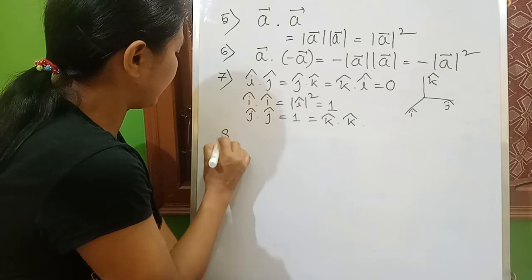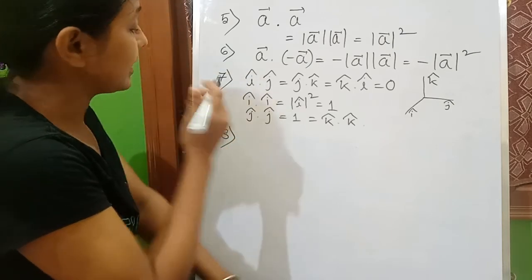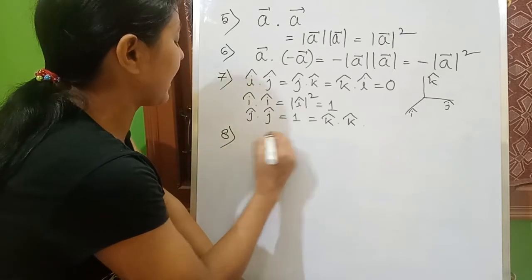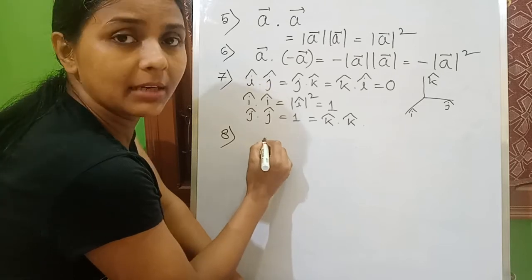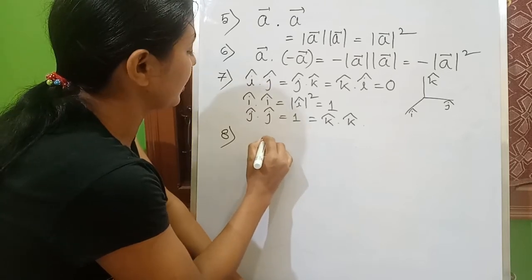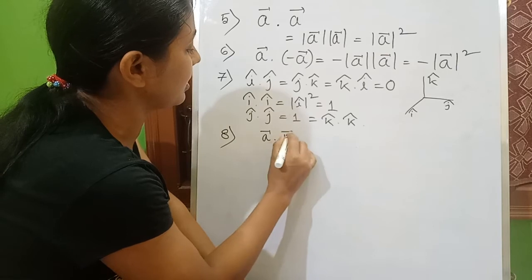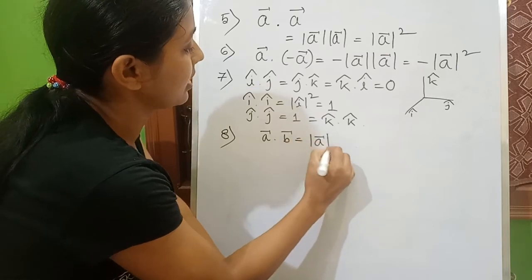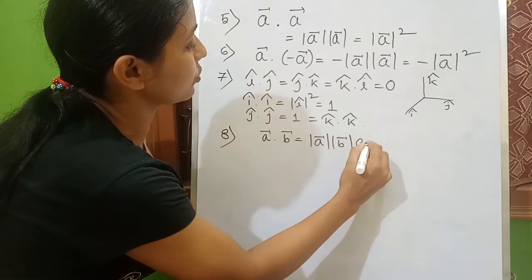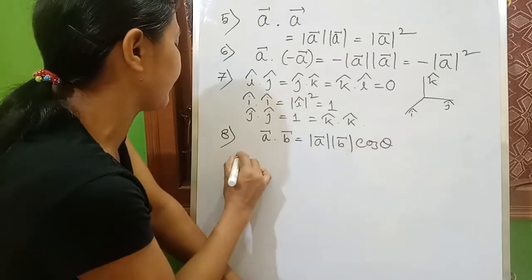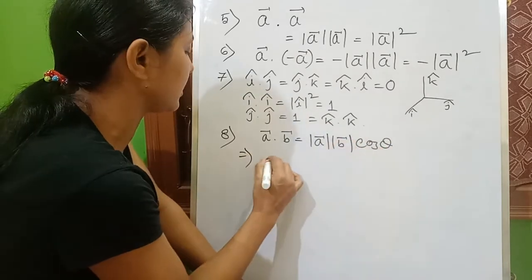Coming to number 8. Number 8 is the angle between vectors, so theta is the angle between A and B. We know that A dot B is equal to mod A into mod B into cos theta. From this we can find the angle theta.